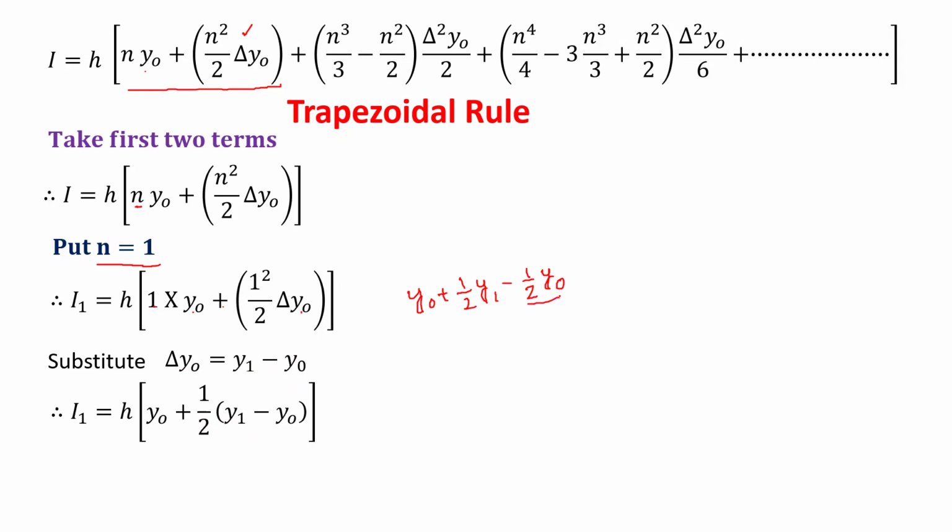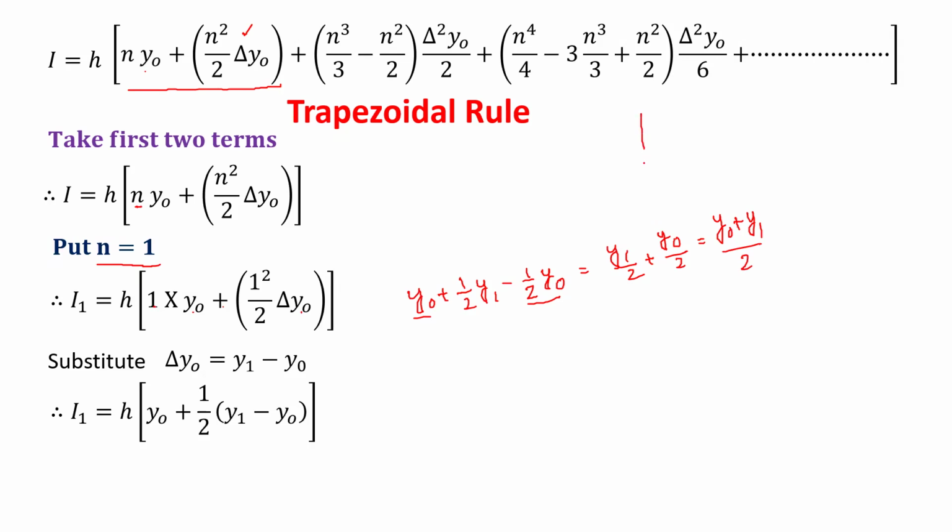Simplifying, we get y1 by 2 plus y0 by 2, which is y0 plus y1 by 2.